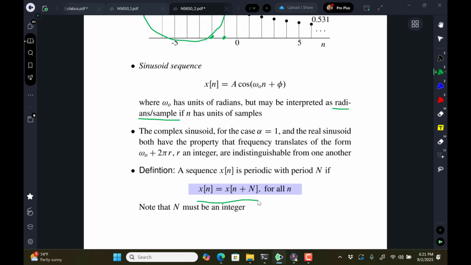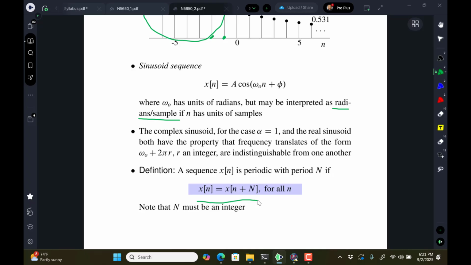It looks identical. So this is a little bit mind-boggling, because not all sinusoidal sequences are periodic. Is that believable? It's something you have to just confront and say it's true.